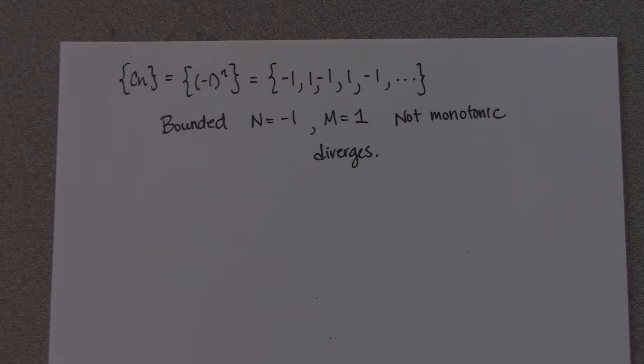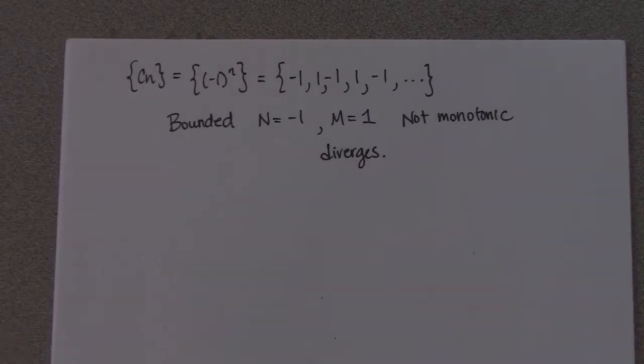Because it's really easy sometimes to show something's not bounded, and it's really easy sometimes to show something's not monotonic. So if either of those things is not true, this thing can't converge. And so this is a great example of a sequence where this theorem would come in really handy.